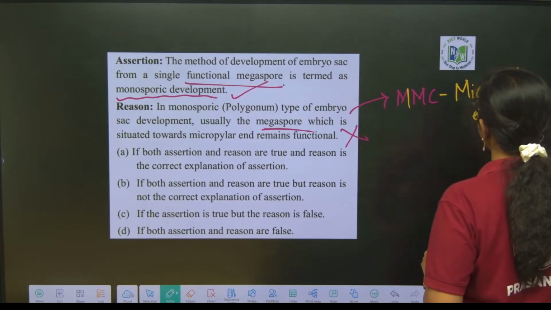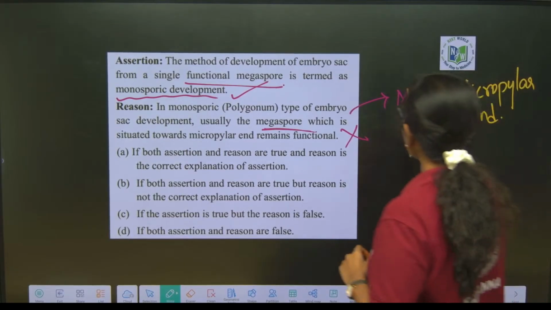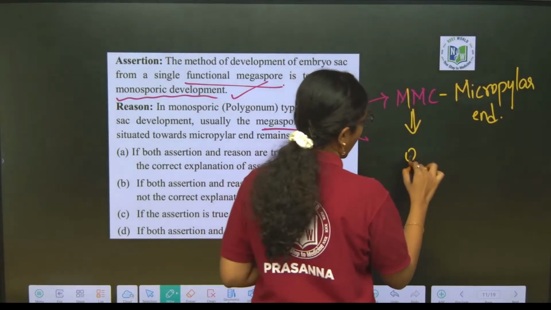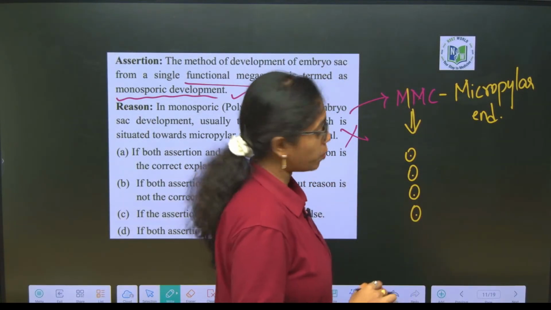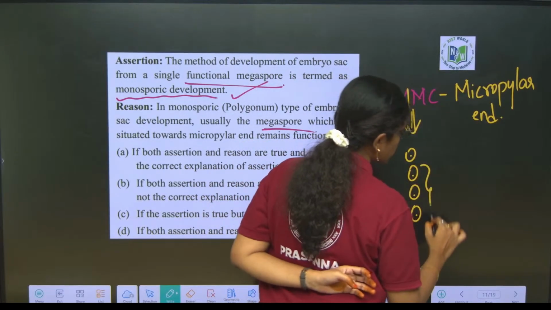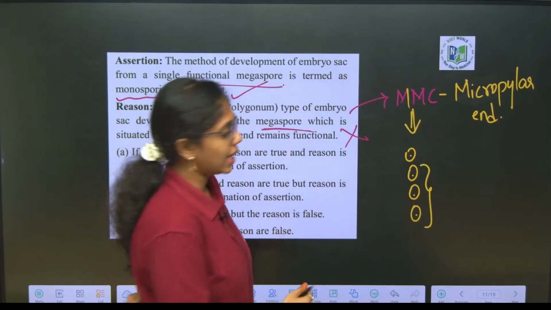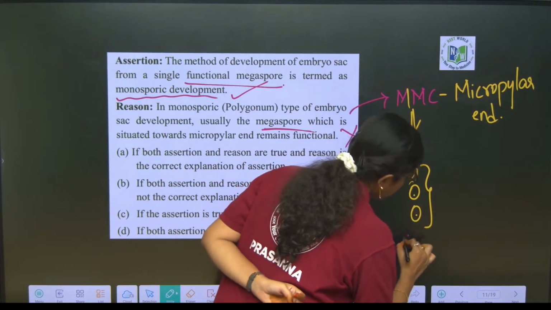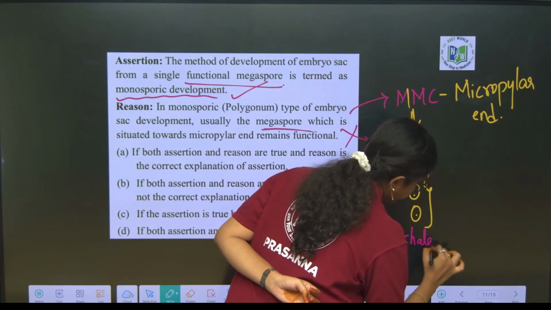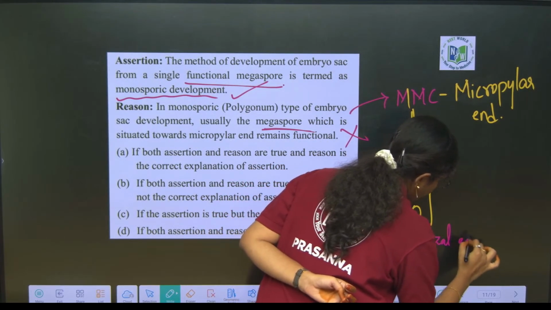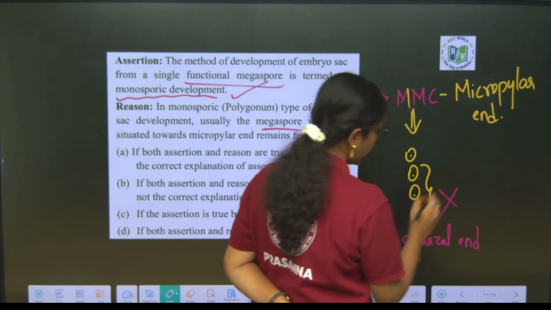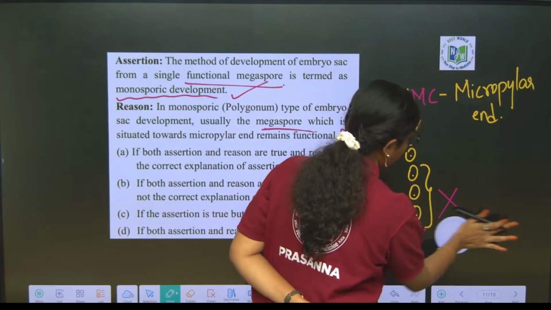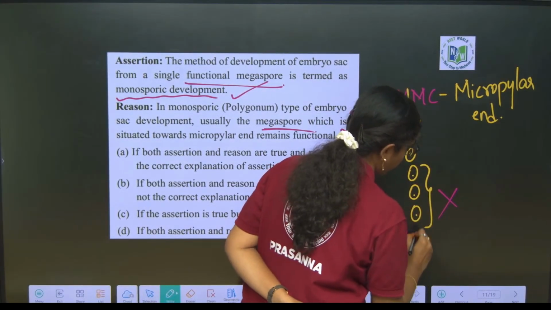When it undergoes meiosis and forms a linear tetrad of 4 megaspores, the 3 megaspores which are present towards the micropylar end will degenerate.